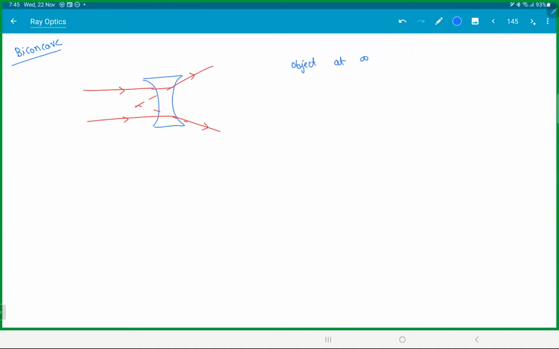Object at infinity, image at focus, highly diminished, and direct.